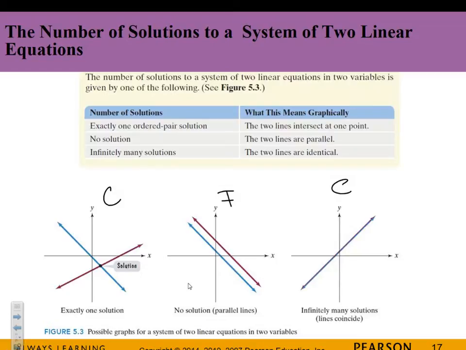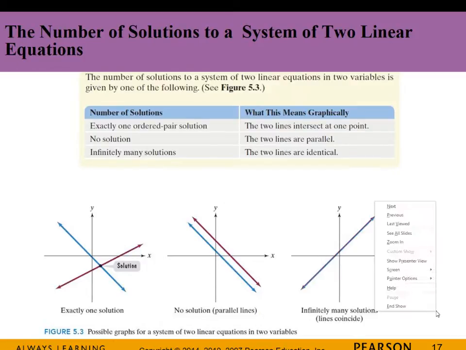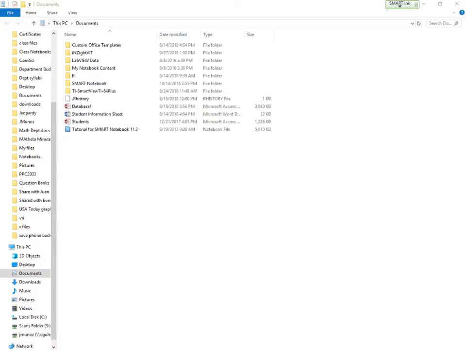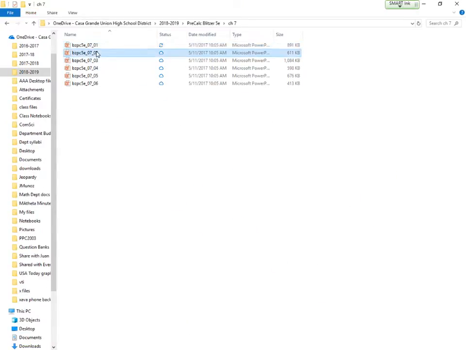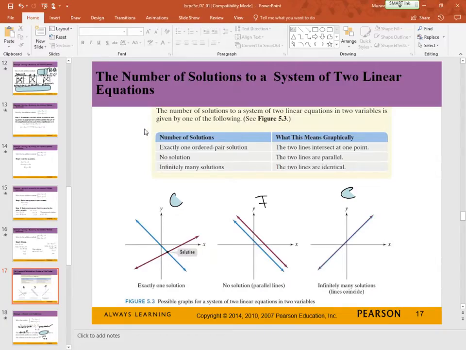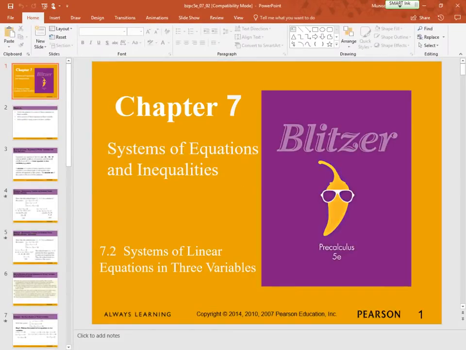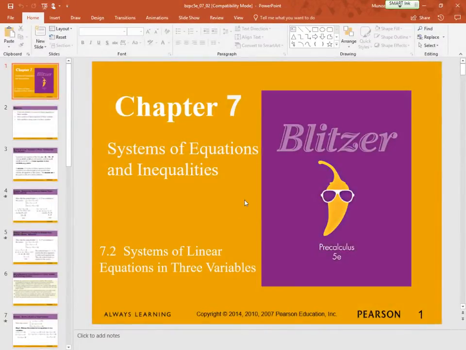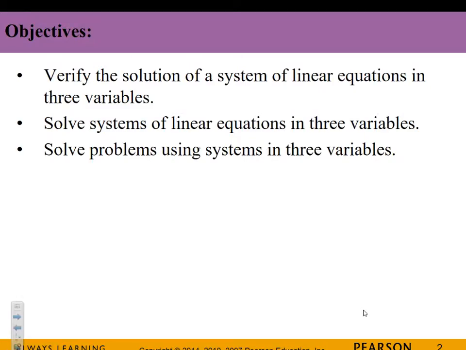This one is inconsistent. Okay? We're good? Are we done? Nope.